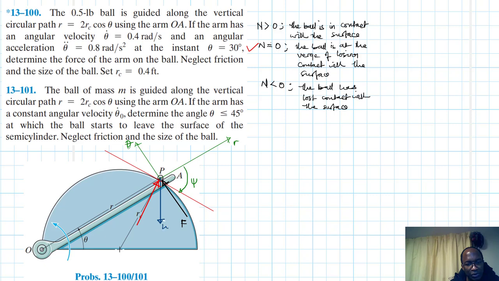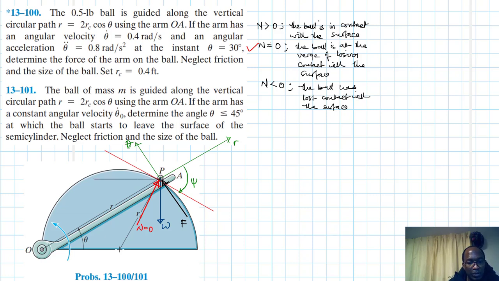We have W, and then we have the normal force N. But mind you, we've said our normal force is equal to 0. So there'll be no need of even indicating the components. In this particular instance, let's identify the angles that we have.